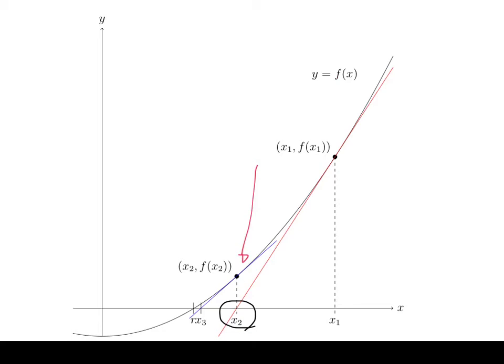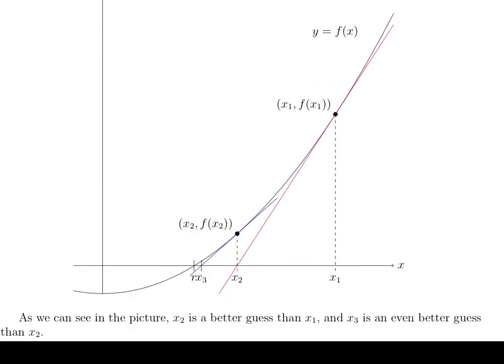This new tangent line, which is the one in blue, now hits the horizontal axis down here at x3, and that's our new guess for the root. You can see in the picture that this time we've gotten really close to the root. It's a little bit difficult to see where the actual root is and where the guess is. They're very close together. As we keep doing this, we get ever better guesses for the root. So x2 is a better guess than x1, and x3 is an even better guess than x2.